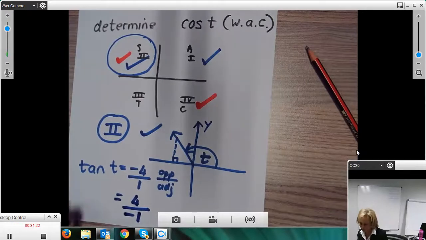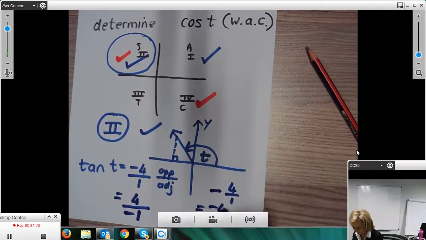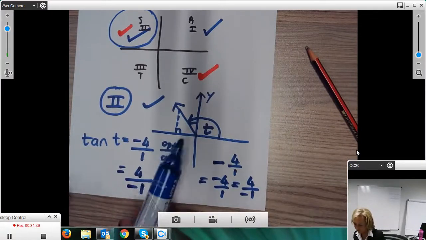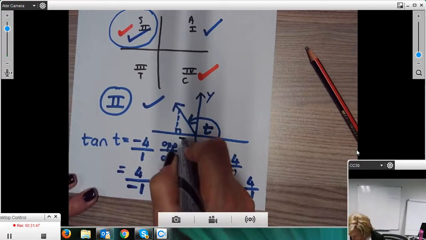Remember that in mathematics, -4 could mean that the numerator is negative, or it could mean the denominator is negative. That is why I said earlier on that a diagram is essential. You have to know from your triangle now which is the side that is negative. And clearly in this diagram, the negative is the adjacent.